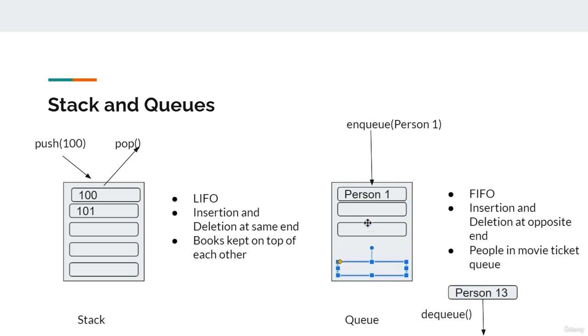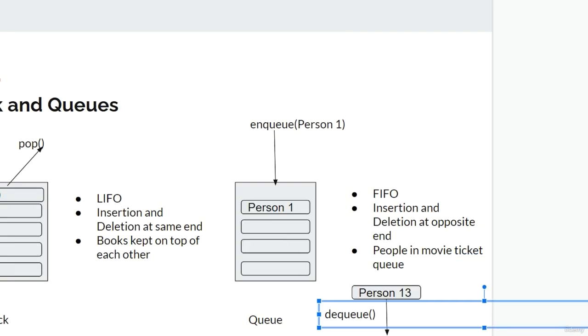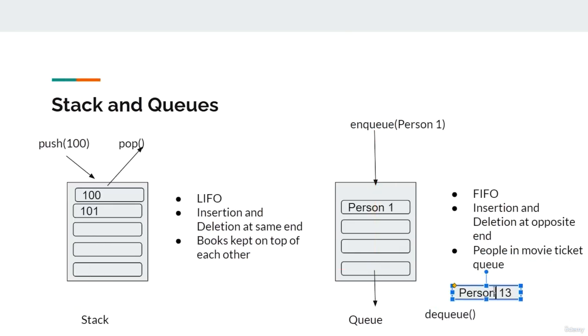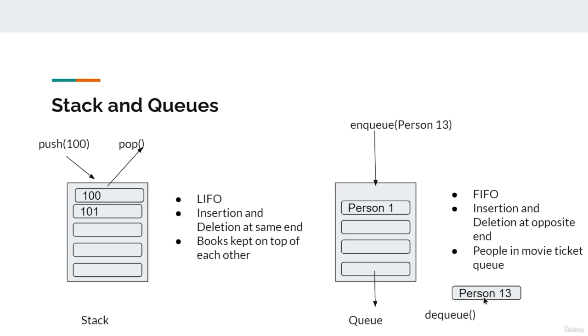Then the other persons will be adjusted, and if I again call the dequeue, then the person at the front will be removed. If I again call the enqueue function, passing person 13, then person 13 will be added at the last of the queue. So this is how enqueue and dequeue operation on the queue works.